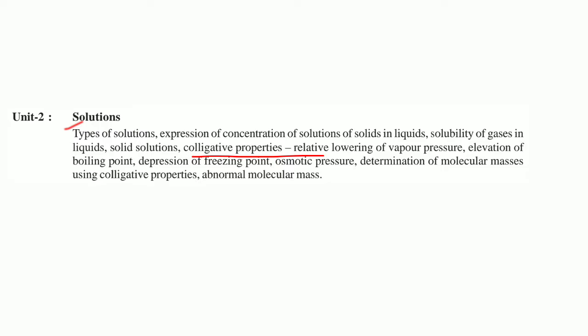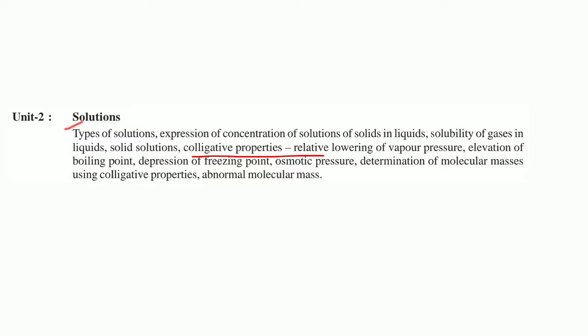Also the elevation of boiling point: we add some salt to cook something. Why do we add salt? Obviously it increases the taste, but additionally some chemistry occurs during the cooking process when we add salt. This is very interesting.